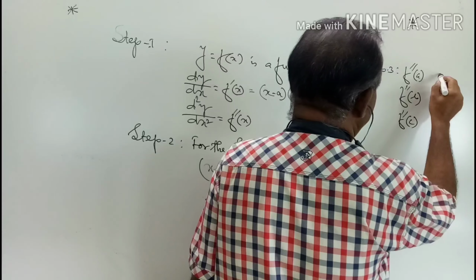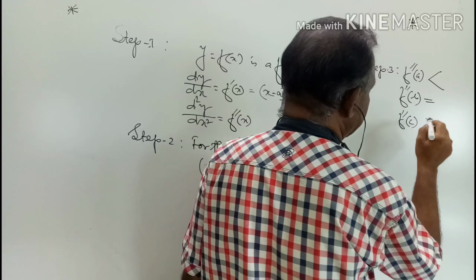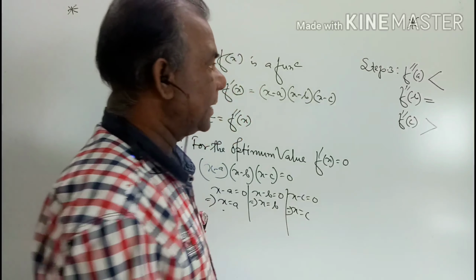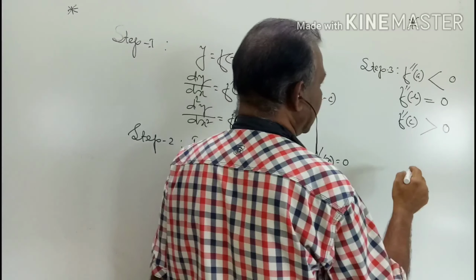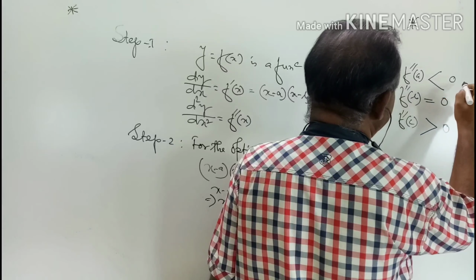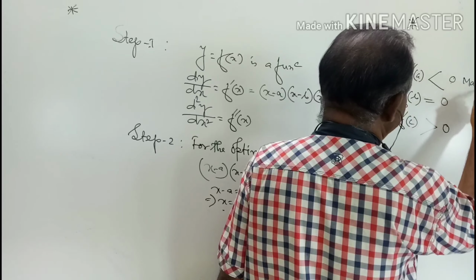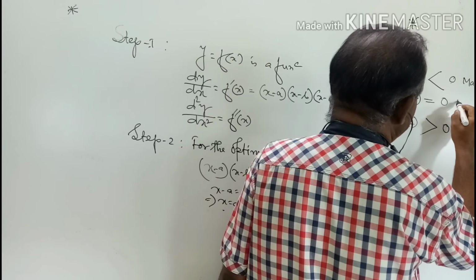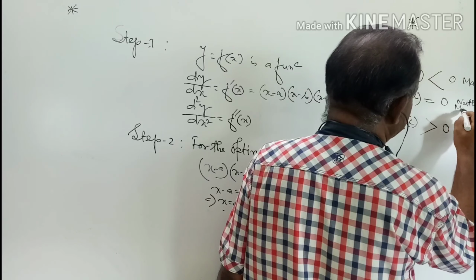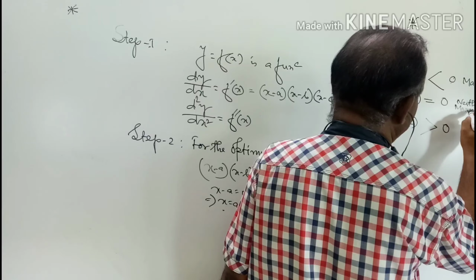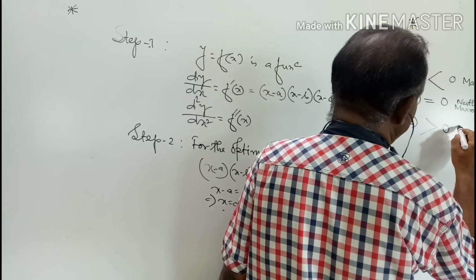Then you check whether it is less than 0, equal to 0, or greater than 0. If it is less than 0, remember it will be maximum. If it is greater than 0, it is minimum.